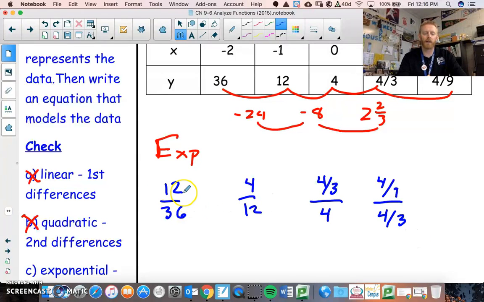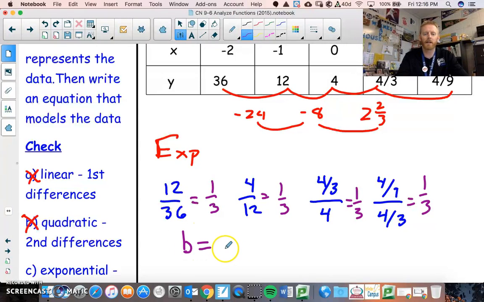So if I simplify all of these things, I'm just going to use my calculator to simplify them. I get a 1/3, 1/3, 1/3, and a 1/3. That means my common ratio, my b, is equal to 1/3.